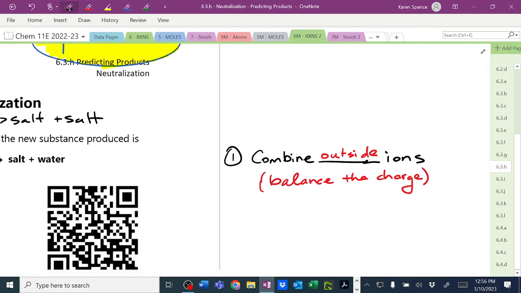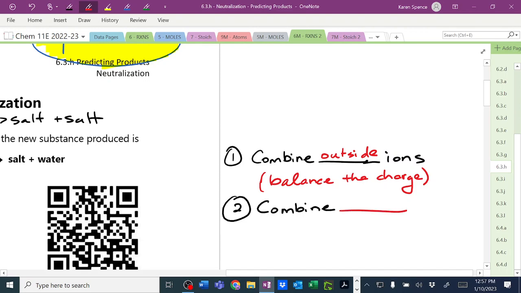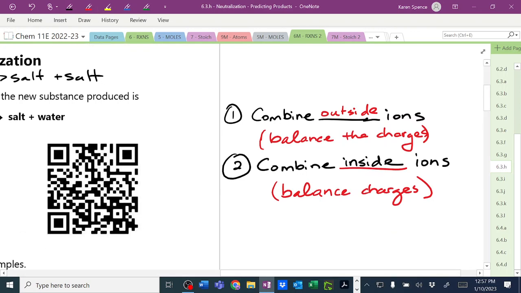Then you are going to combine the, what ions will you combine next? The inside ions. And of course, again, you're going to make sure that you balance the charges, okay? And then of course you balance the reaction, okay? Three, balance the reaction with coefficients.